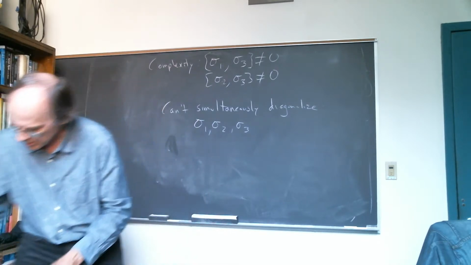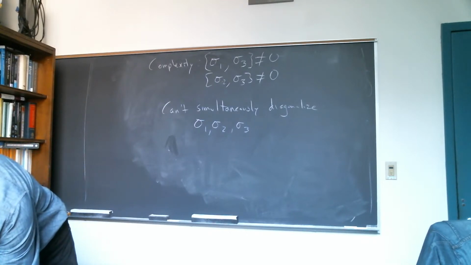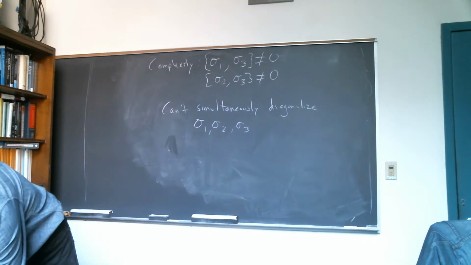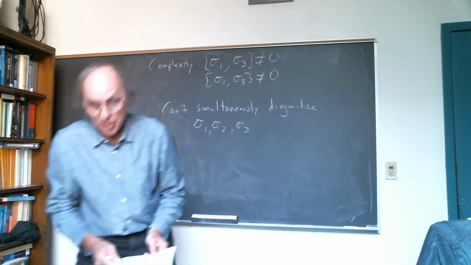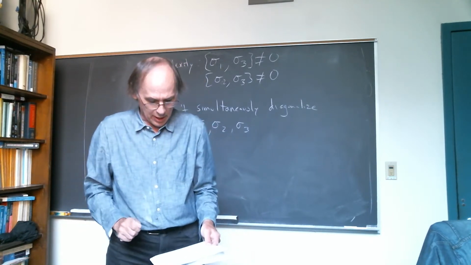Let me see what else I've got in these notes. Okay, so the trick about these calculations: I'm not going to go through all these calculations that are in the notes. You really have to sit down and look at these things.